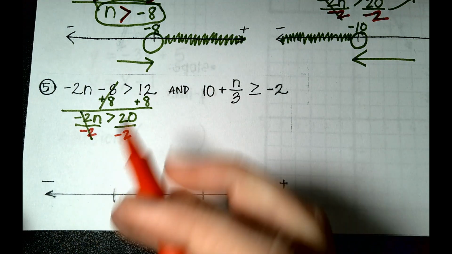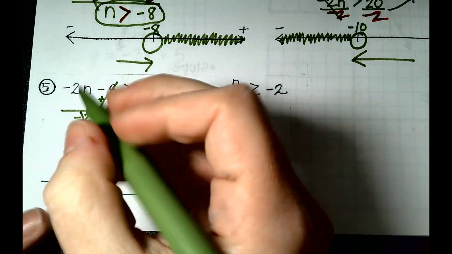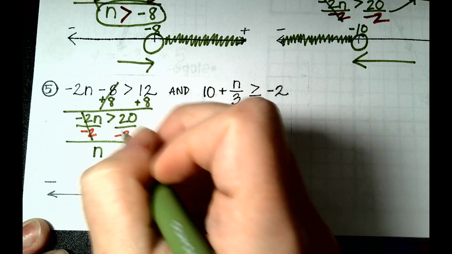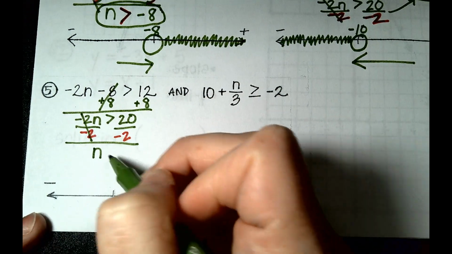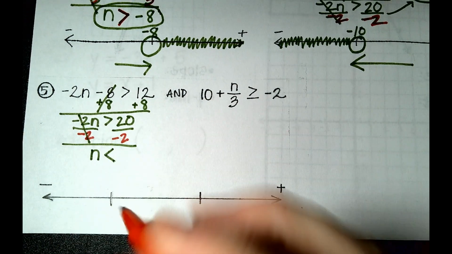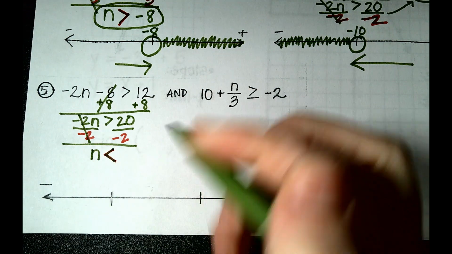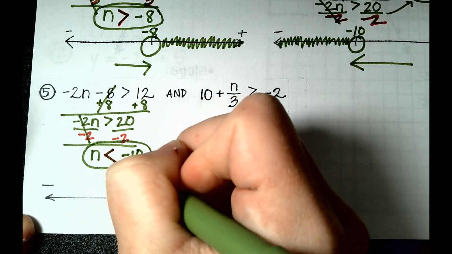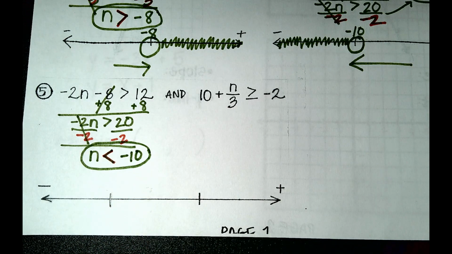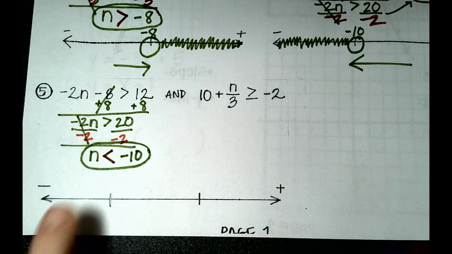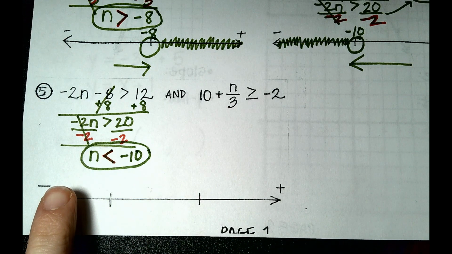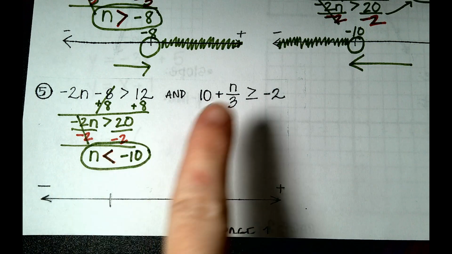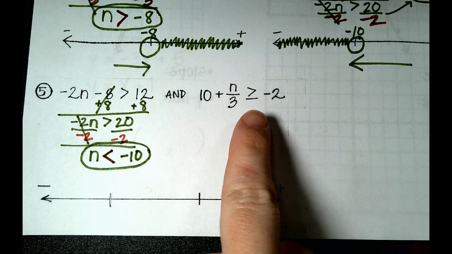So because we divided by a negative, we end up with n no longer greater than. We flip it. It's less than -10. So that's our first inequality. Now let's not put this on the graph yet because we still need to solve this one.